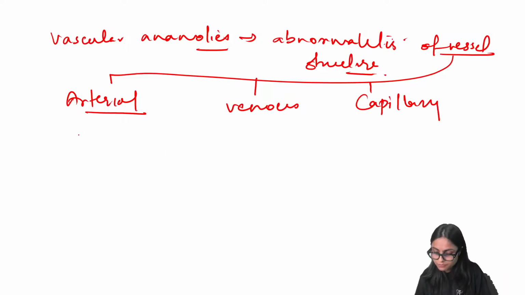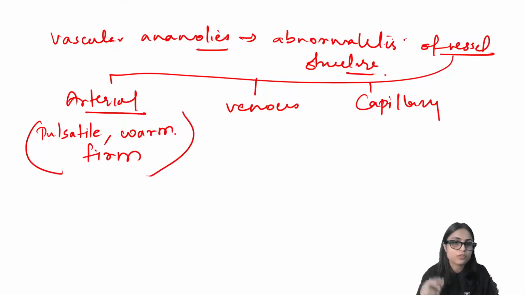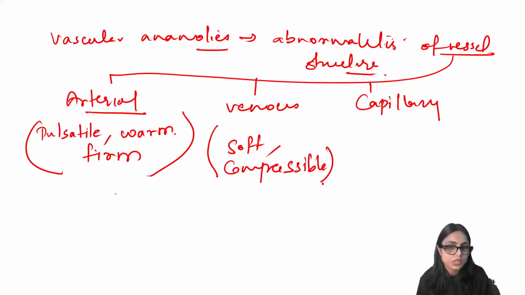Arterial malformations are pulsatile, warm and firm. These are important words. Venous malformations are soft and compressible. All right.